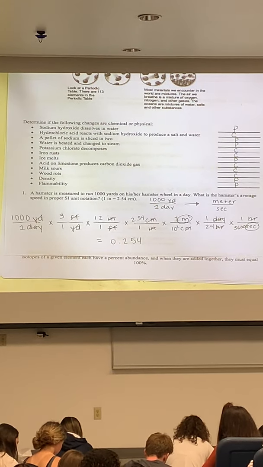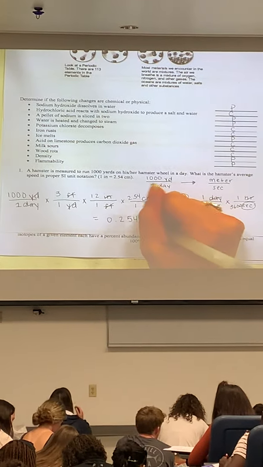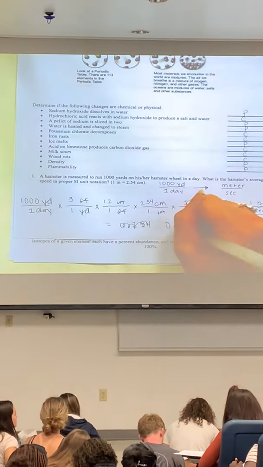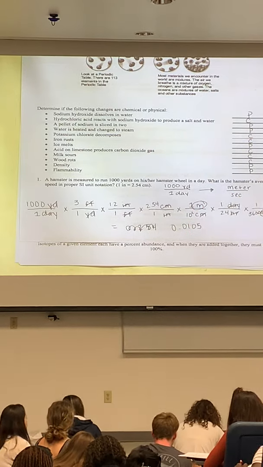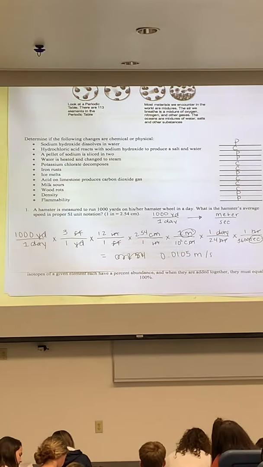No? Oh wait, divided by 24. Is everyone getting 0.0105? 0.0105 meters per second is how fast this hamster is running.